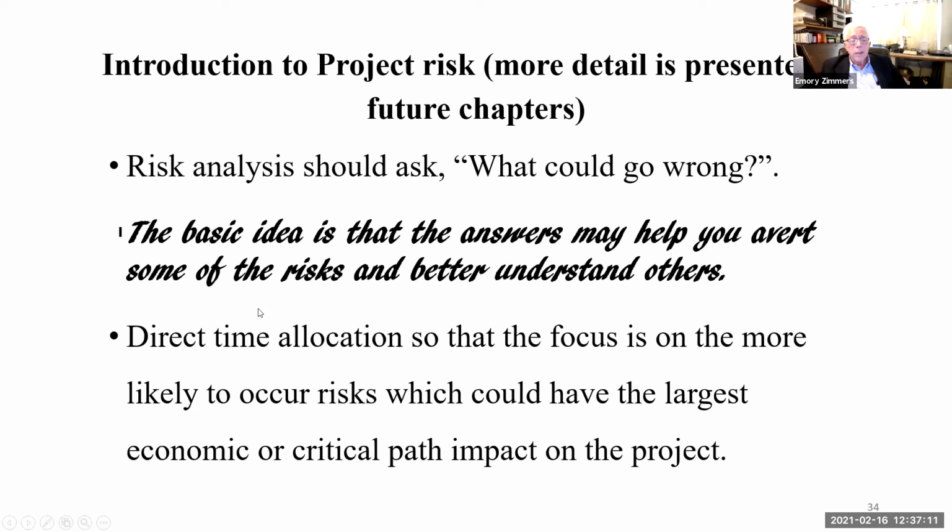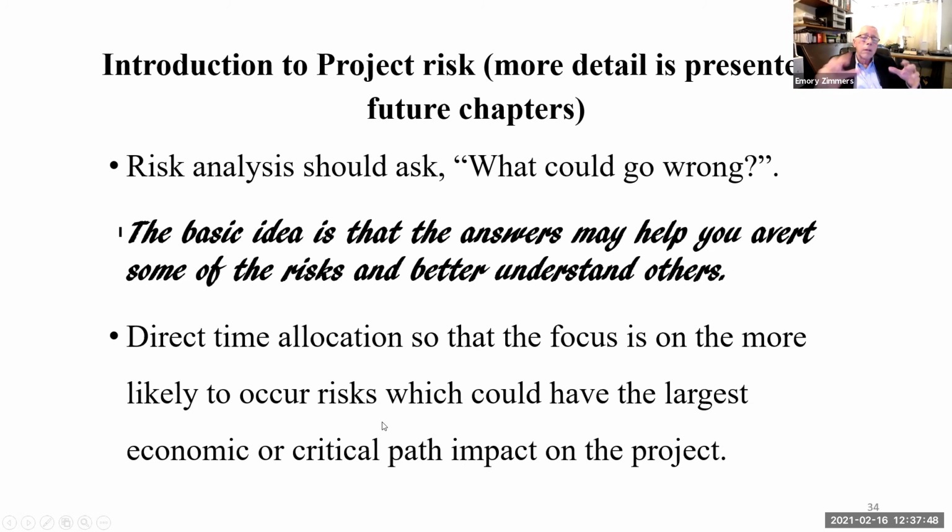So now, direct time allocation so that the focus is on the more likely to occur risks, and those that have the largest economic or critical path impact. When I look at a project, and I do this frequently with the project managers and consultants, I consider how likely it is to occur and the economic hit we could take or the critical path impact.